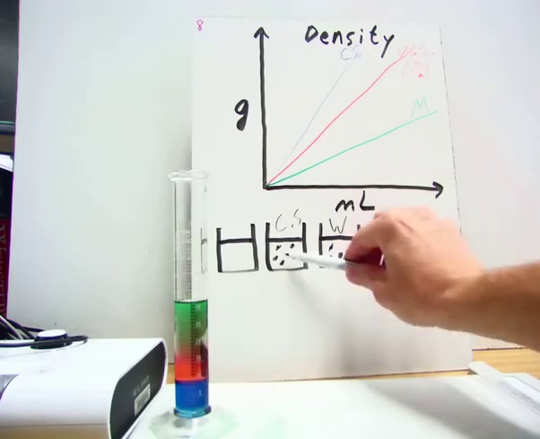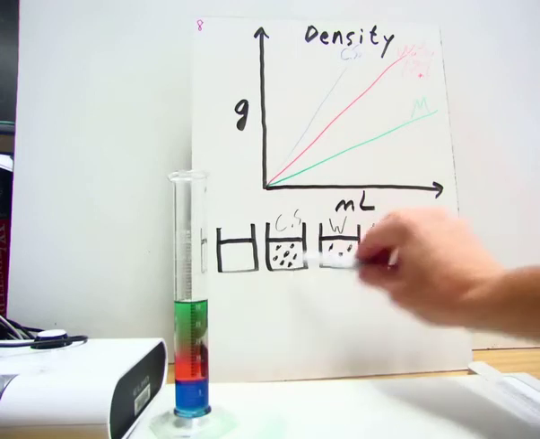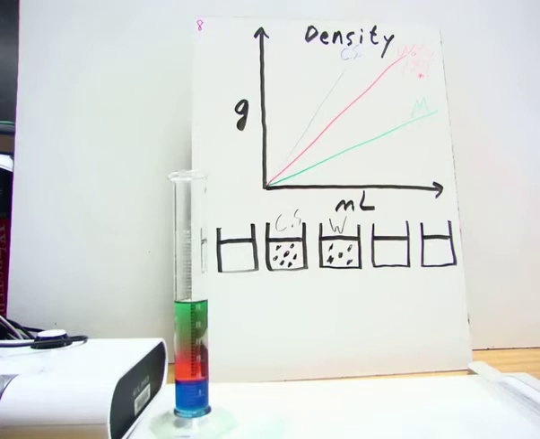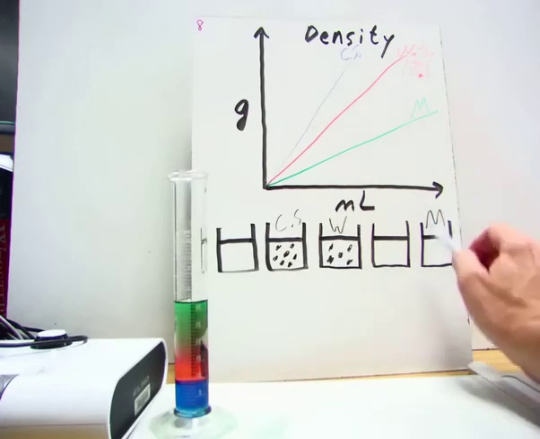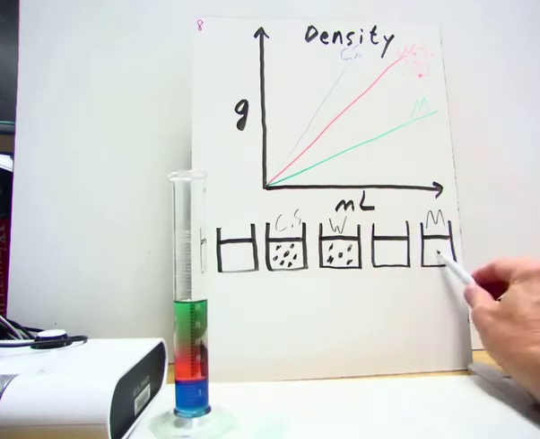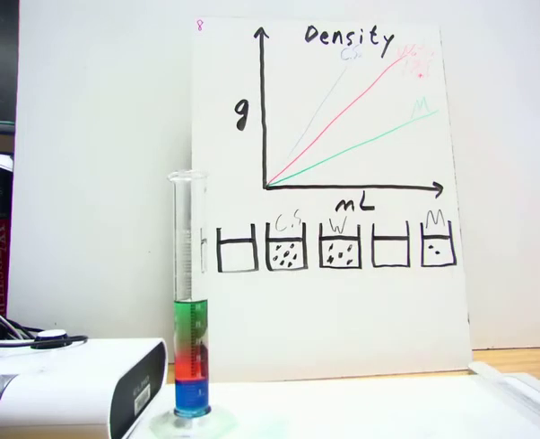If water had 5, we're going to give the corn syrup 6, 7, something like that, as long as it shows more. And the methanol down here, I'll leave a space. If water had 5, then methanol is going to have somewhat less than 5. 1, 2, 3, something like that.